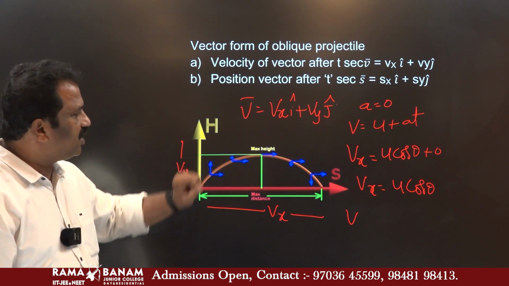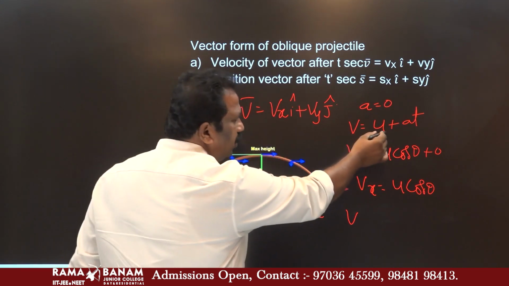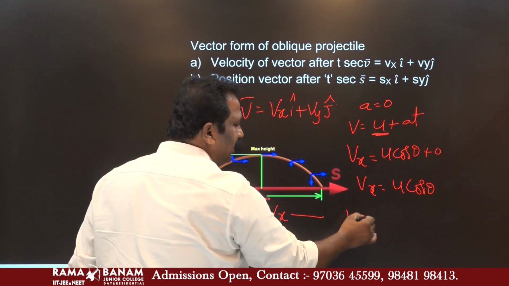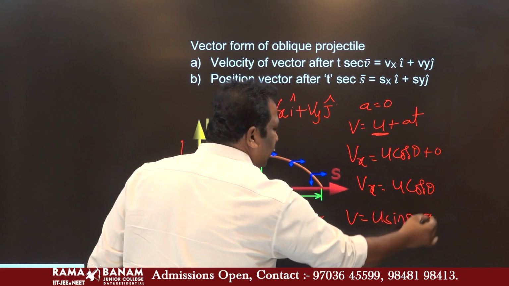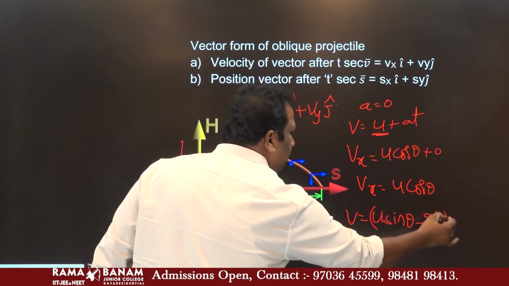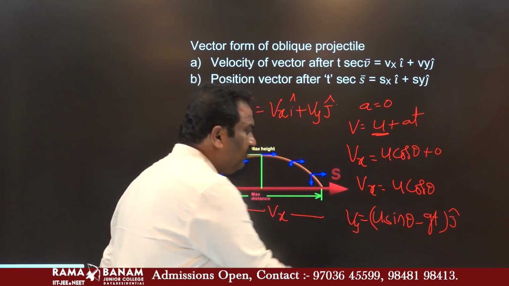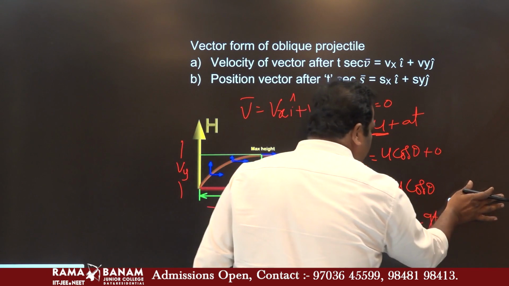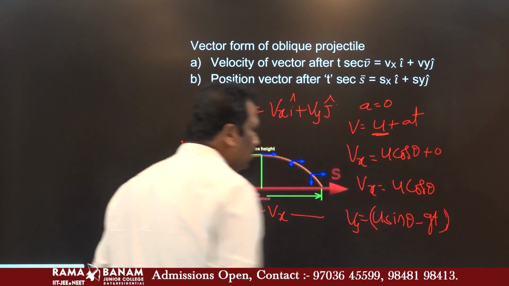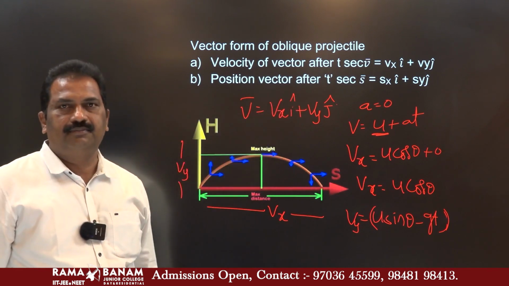Here in terms of Vy, u is u sin theta, so Vy is equal to u sin theta minus gt into j cap. Finally, we can write Vx i cap plus Vy j cap.